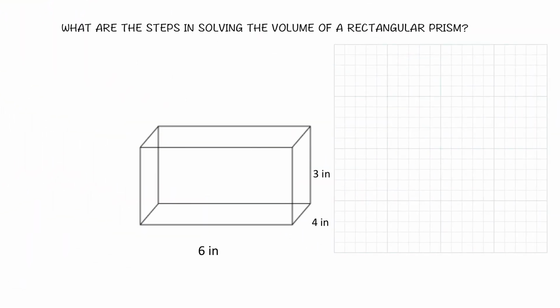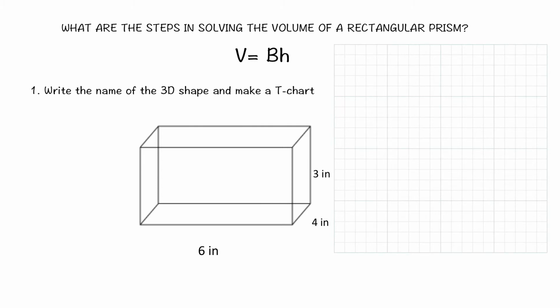So, what are the steps in solving the volume of a rectangular prism? Again, always start the problem with an equation, which is volume equals base times height. The first step is to write the name of the 3D shape and make a T-chart. And I hope you got this one right. This is an example of a rectangular prism.